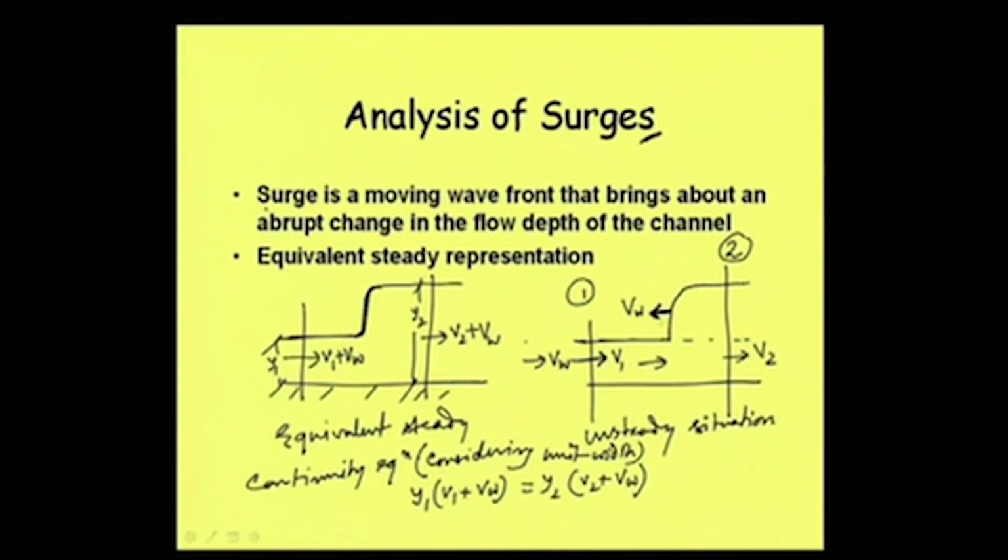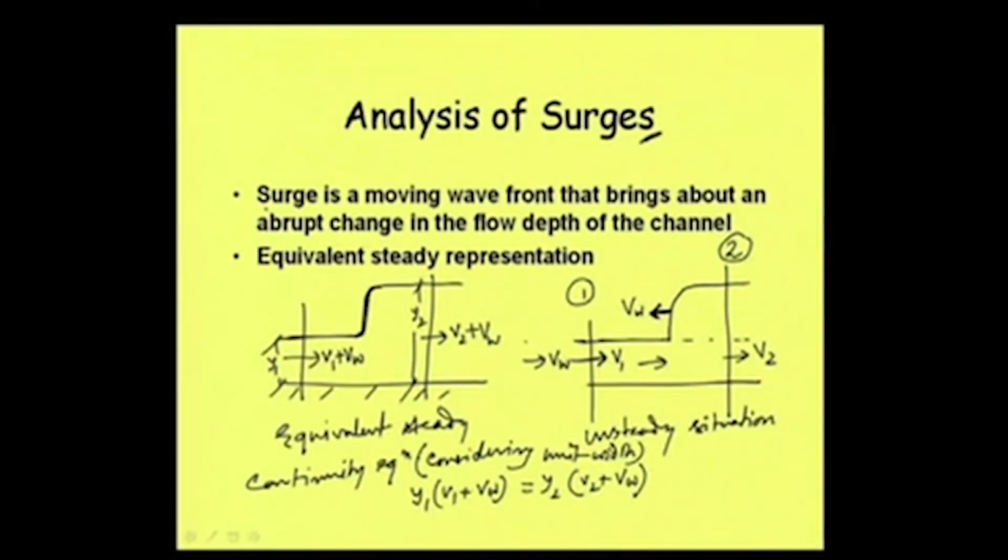Its relative speed will be v1 plus vw, because both are moving in opposite directions. So the relative wave speed, which we call c, is v1 plus vw. We can write that equation.